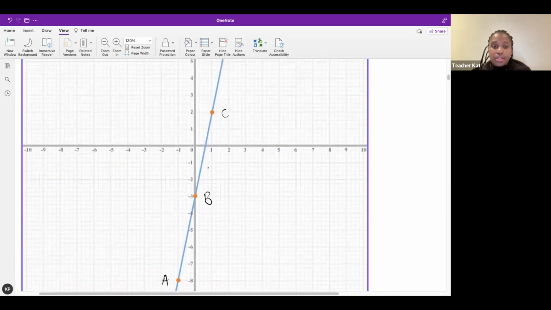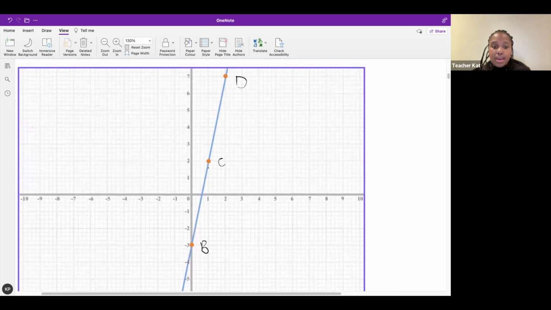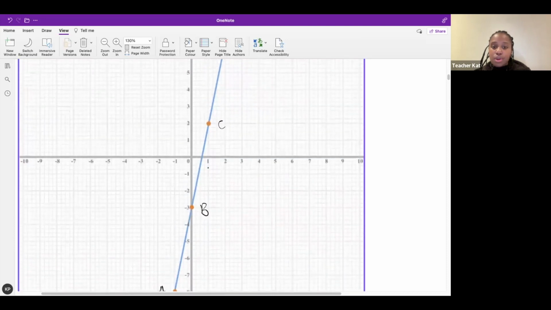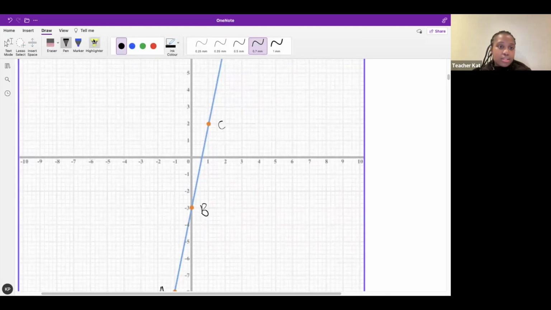Okay. Let's go up to point C. We're back on the graph now. We're not on an axis anymore. Point C. What is my point for point C? 1 and not 3. Look carefully. 1 and 2.